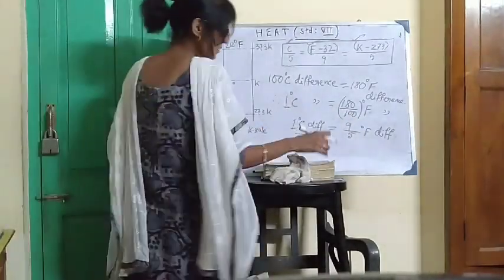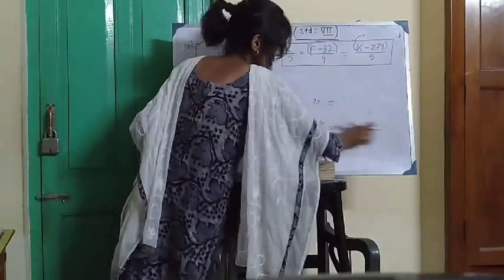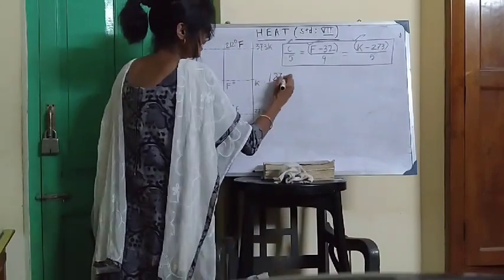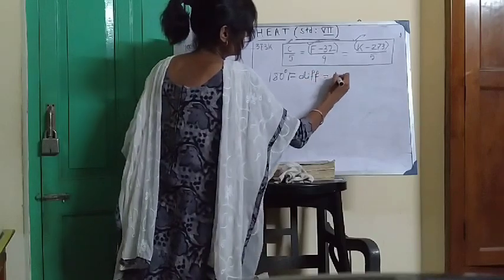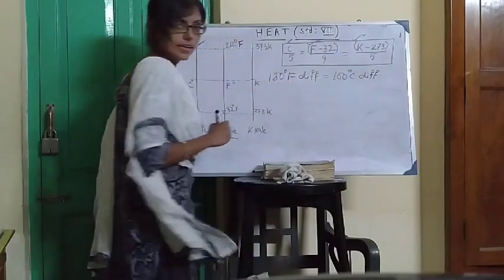Okay, reverse way, if we apply the reverse unitary method, then we can write 180 degree Fahrenheit difference is equal to 100 degree Celsius difference. Right?